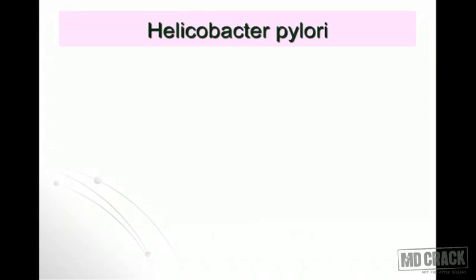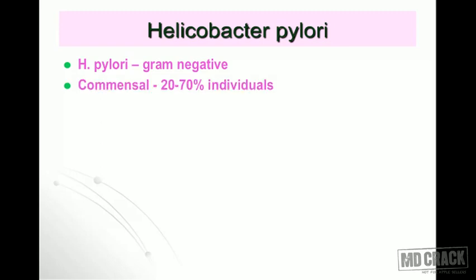After we discussed all the drugs, just a few words about Helicobacter pylori. This H. pylori, the organism which is implicated in the pathophysiology of peptic ulcer, is a gram-negative organism, and in 20 to 70% of individuals, it is a commensal.